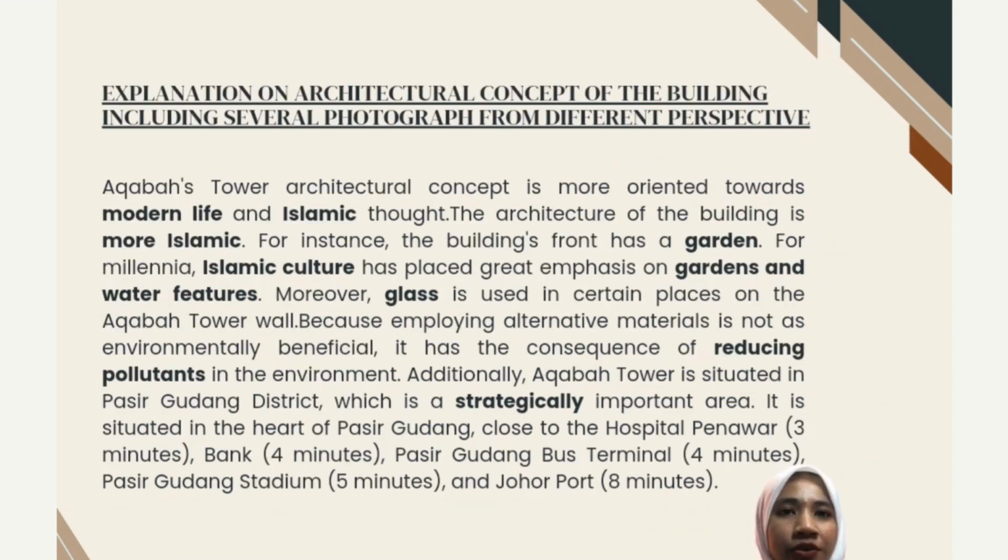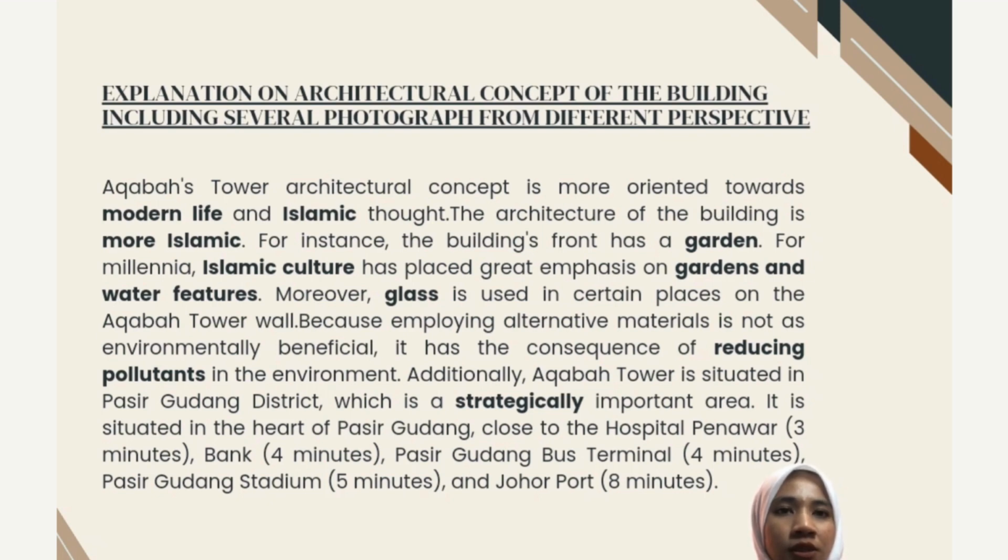Next is an explanation of the architectural concept of the building, including several photographs from different perspectives. Akoba Tower's architectural concept is oriented towards modern life and Islamic influence. For instance, the building front has a garden. For millennia, Islamic culture has placed great emphasis on gardens and water features.